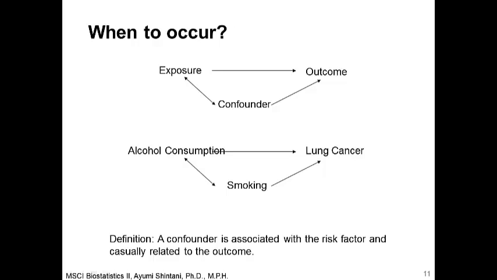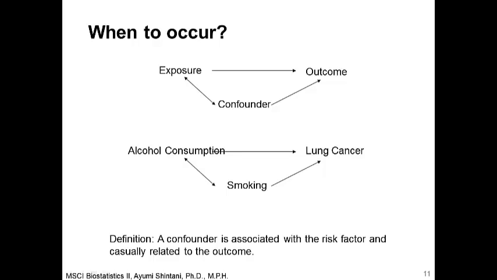Okay? A famous example is smoking and alcohol consumption onto lung cancer. We want to assess the association between alcohol consumption and lung cancer. So that is our interest. And we know that smoking has a causal association with lung cancer.